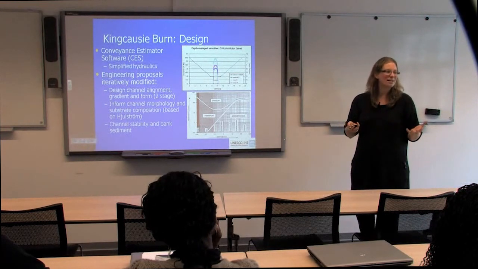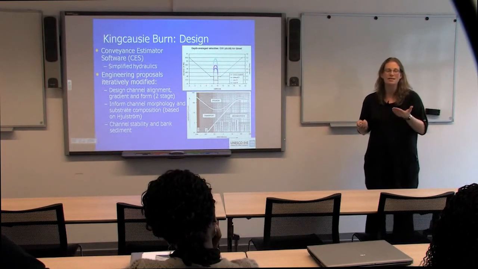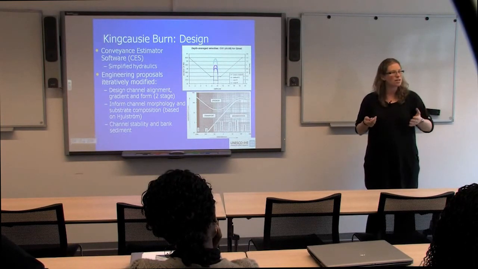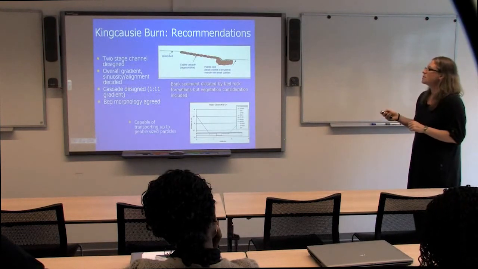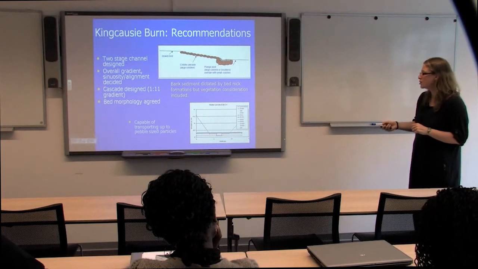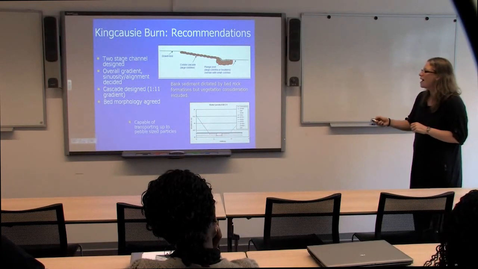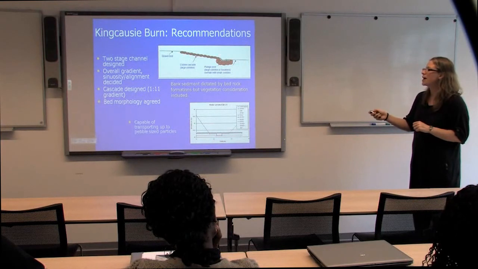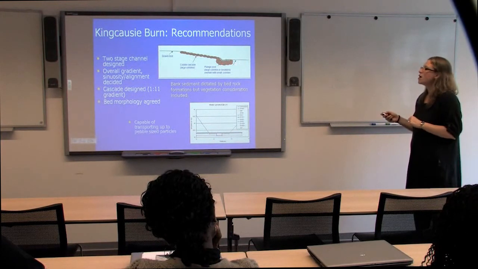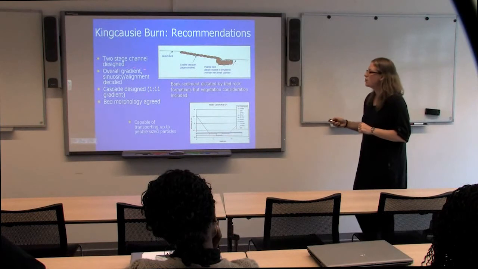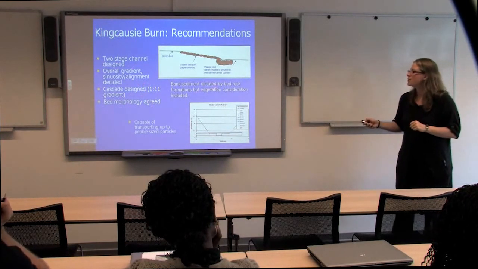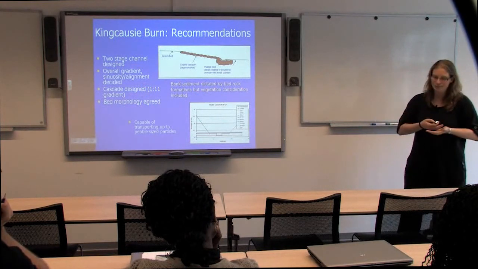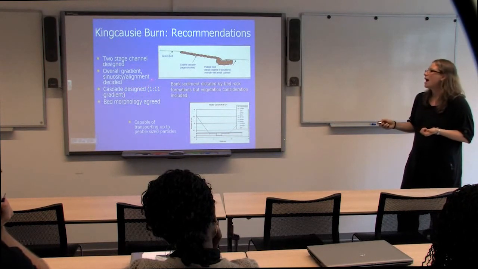If it's velocities, they matter in terms of spawning. If it's sediment, then in terms of velocities, the sediment doesn't move. So the design ended up with a two-stage channel here, and then a cascade because we had to drop the gradient, which we then had to design the bed morphology so that the bed sediment could be stable.